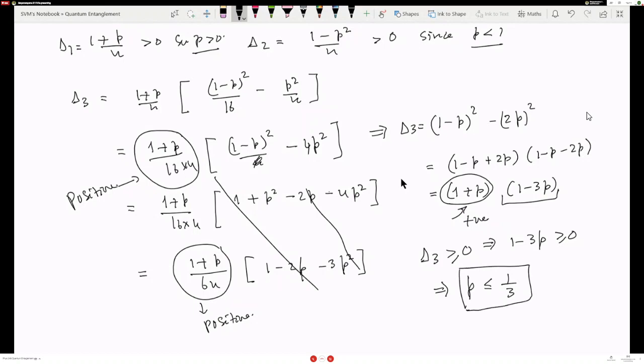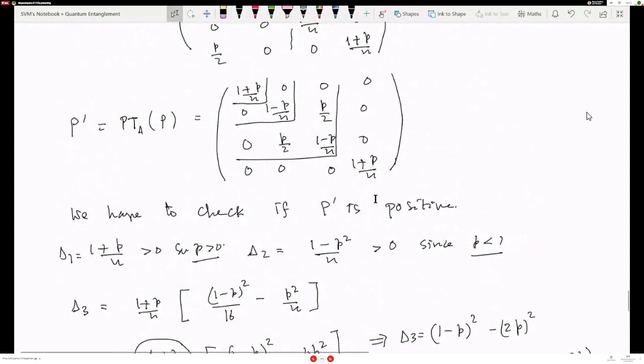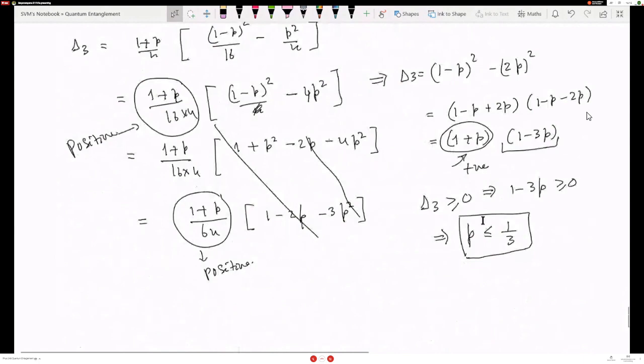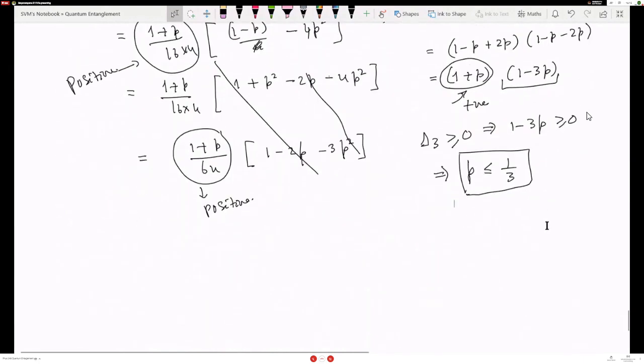Now this is the condition, and the full determinant will anyway be, if you take the determinant of this 3 by 3 block, multiplied by 1 plus p by 3, which is positive, so the full determinant will always be positive. So we get a condition that p has to be less than or equal to 1 by 3.